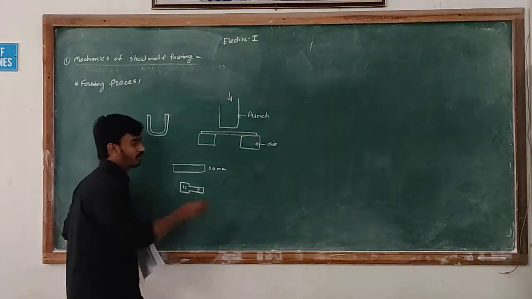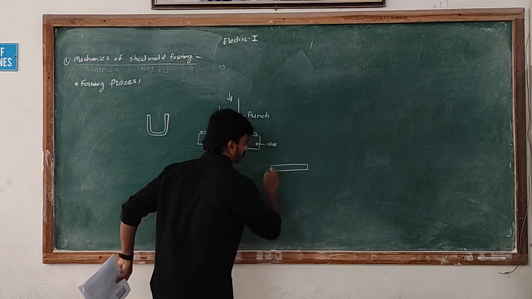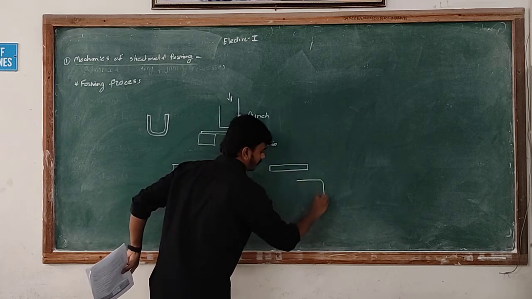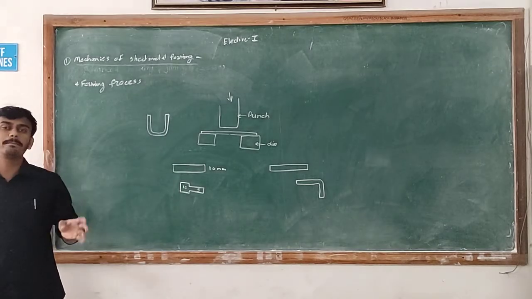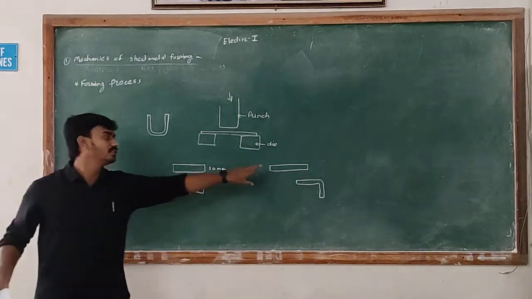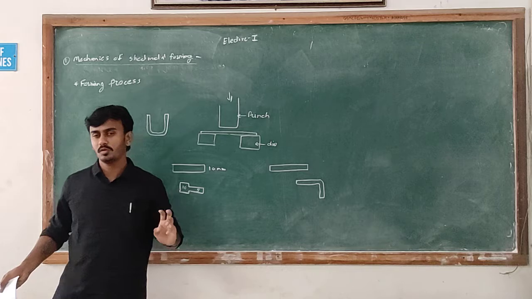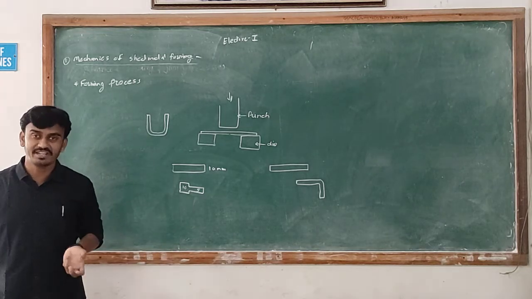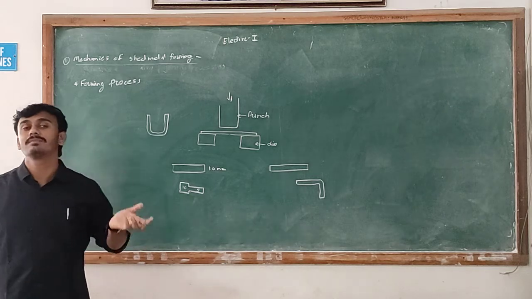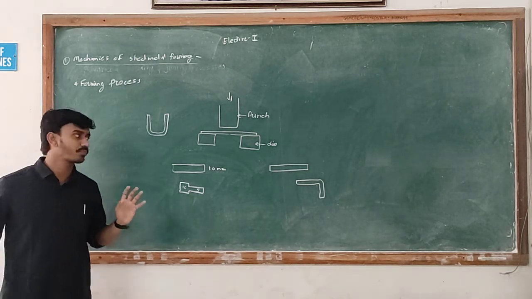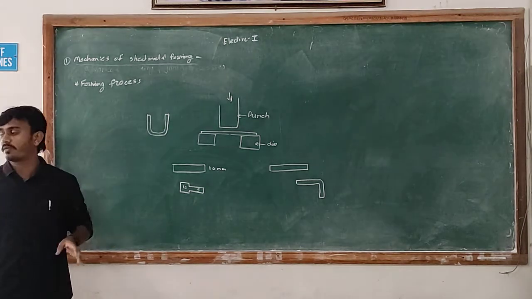Suppose I want to convert this rod into this shape, then by using the bending process I can convert this rod into this shape. So it has some limitations also, that it is only applicable to some processes. This is called the forming process.